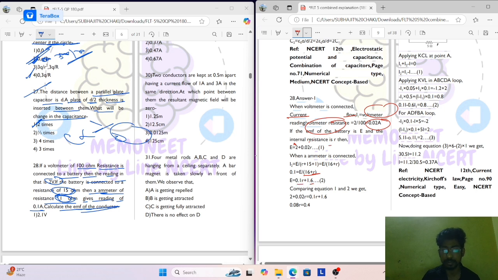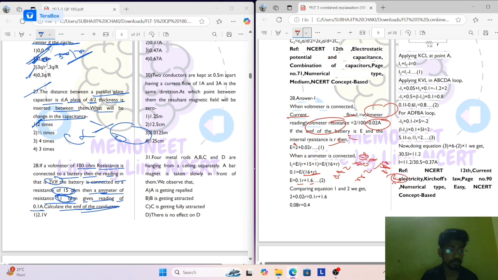Now comparing these two equations, what will we get? 0.1r will be equal to 2 minus 1.6, that means 0.4. So r will be equal to 0.4 divided by 0.08, that is equal to 5.